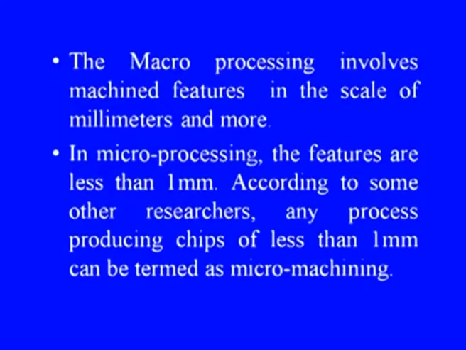The macro processing involves machined features in the scale of millimeters and more. In micro processing, the features are less than 1 millimeter generally. As I have already indicated, some researchers say any process that produces chips of less than 1 millimeter can be termed as micro machining.